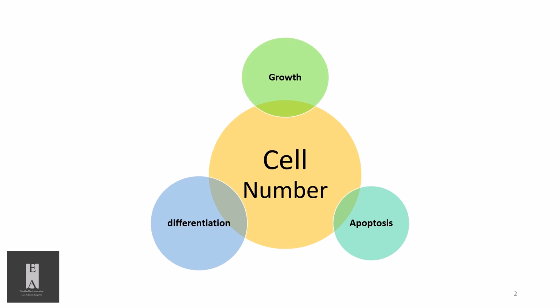DNA mutations that change the function of normal genes involved in growth, apoptosis, or differentiation can affect the balance of cell numbers in the body and lead to unregulated growth. So a change in the processes of growth, apoptosis, or differentiation can alter cell numbers.